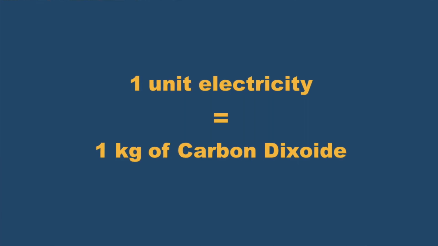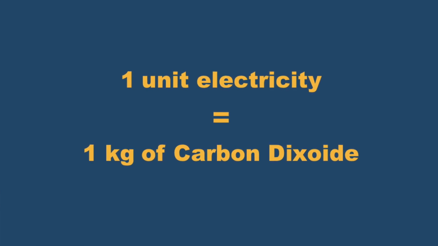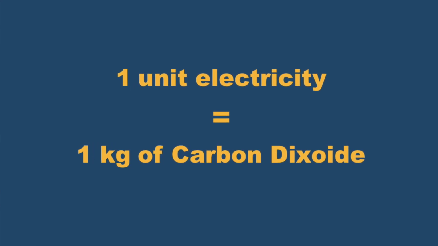So use very efficient appliances, so that even if you're not going for a solar system and you just want to run your house on AC power that you get from the grid, you will be feeling less guilty because you'll be polluting the environment less. So it always makes sense, just for the favor of mother nature, that we use very efficient appliances. Why? Because every time you use electricity, 1 unit of electricity consumption would result in about 1 kilogram of carbon dioxide emission.